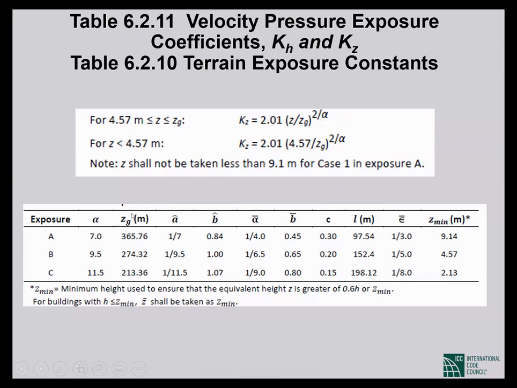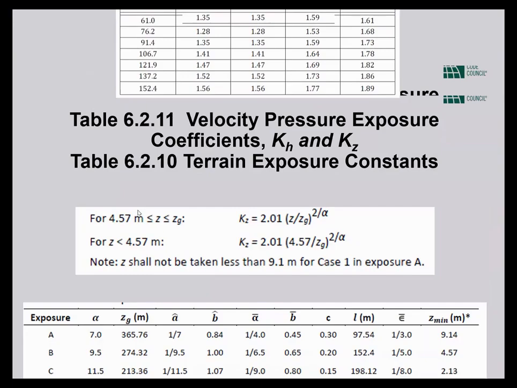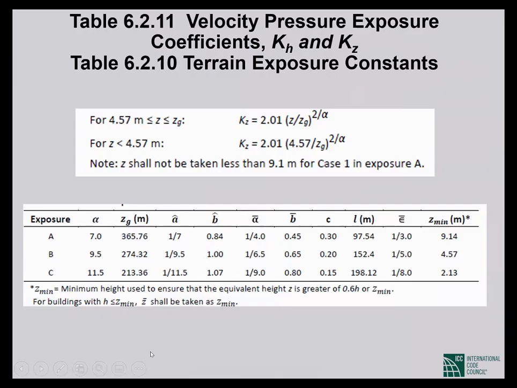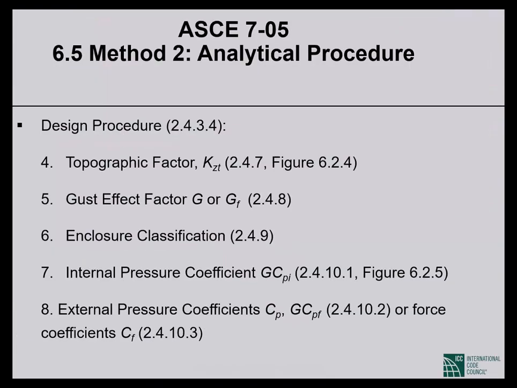Z sub G, remember, are those values for exposure categories A, B, and C. For C, it is 213 meters. And the alpha values for exposure categories A, B, and C are 7, 9.5, and 11.5. So we are by no means restricted to 500 feet of height. We can calculate K sub Z, K sub H at any height we like using those expressions.